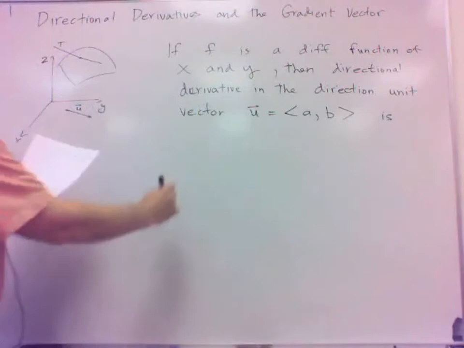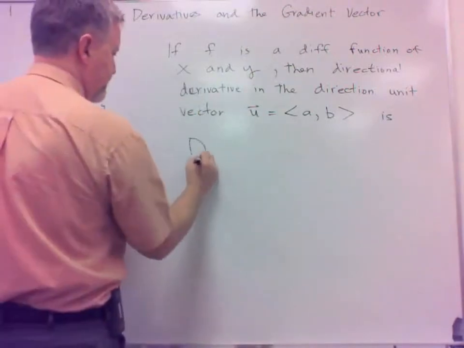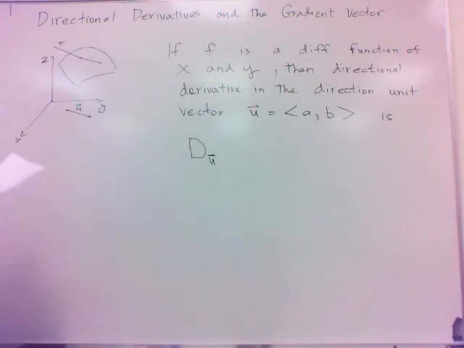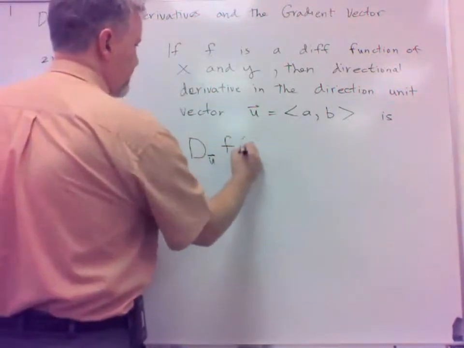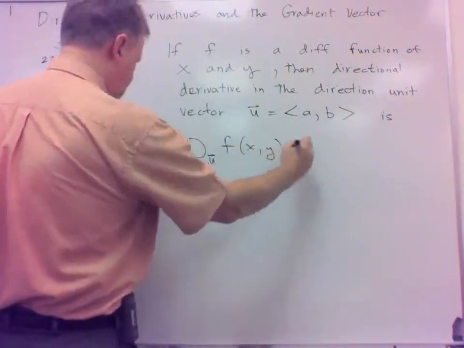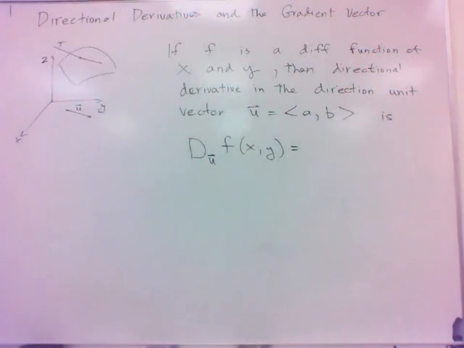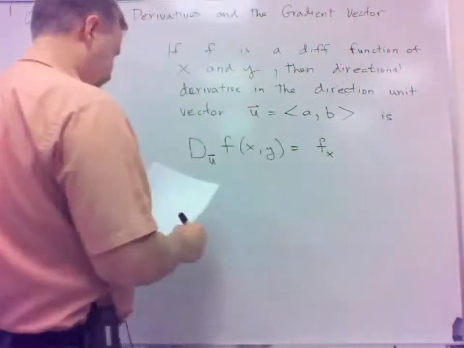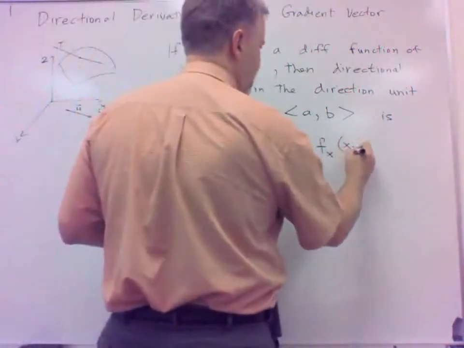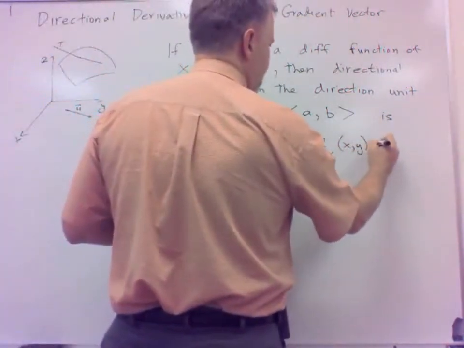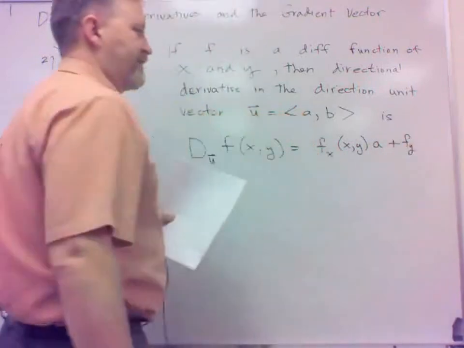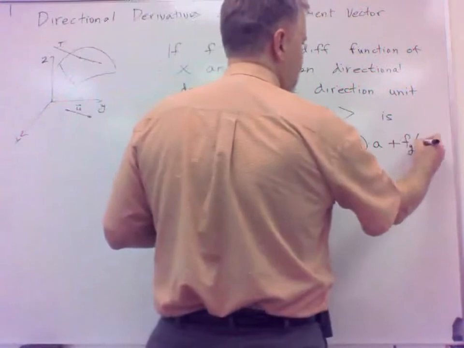Turns out, well, the notation is D for derivative. u, unit vector, is our direction of our function f of x, y. Turns out that it's the partial derivative with respect to x at x, y times a plus the partial derivative of f with respect to y at x, y times b.